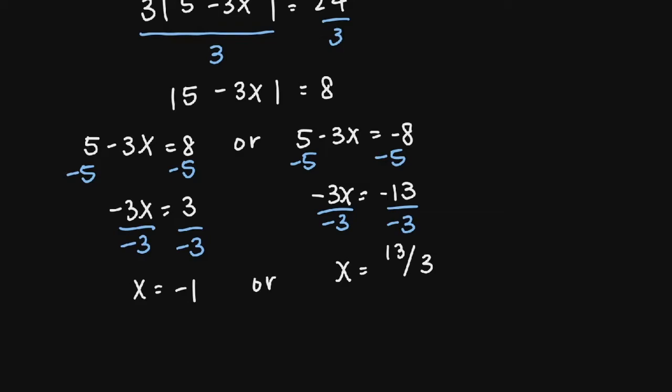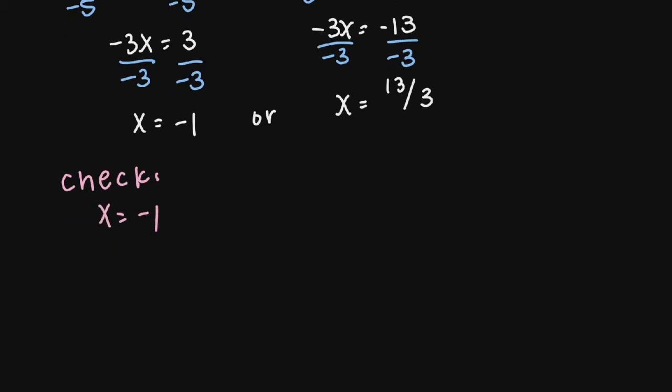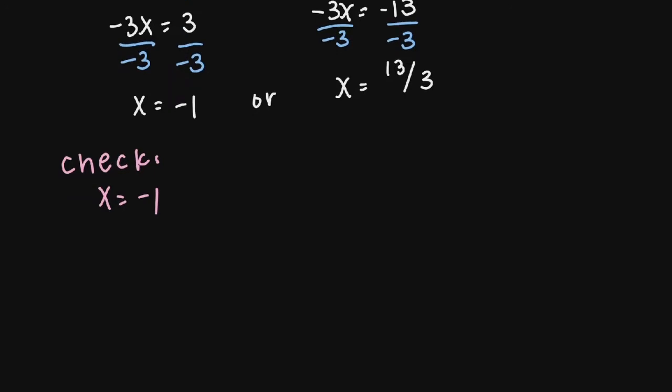And then now we're going to check. So let's first check x equals negative 1. When we plug that in, we get 3 times the absolute value of 5 minus 3 times negative 1, minus 6 equals 18.